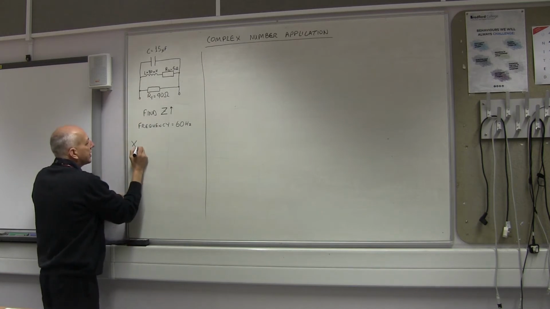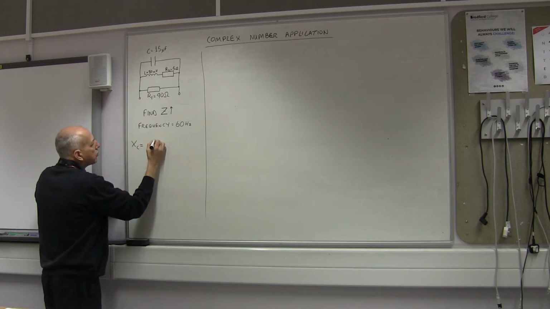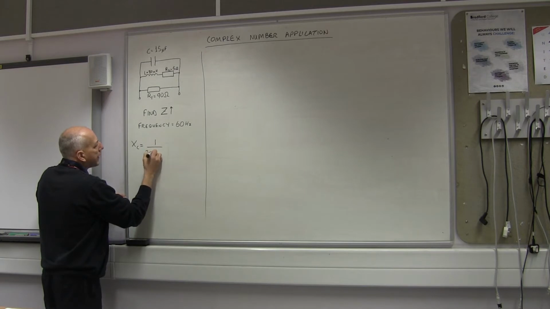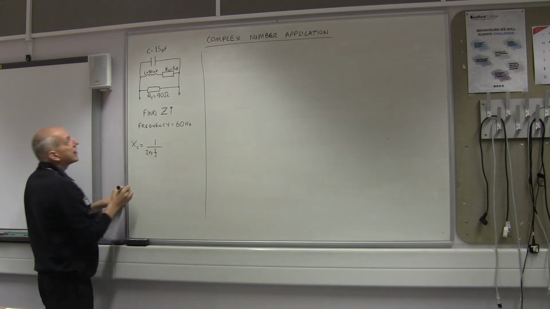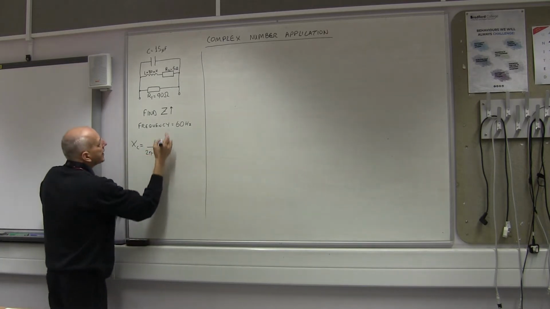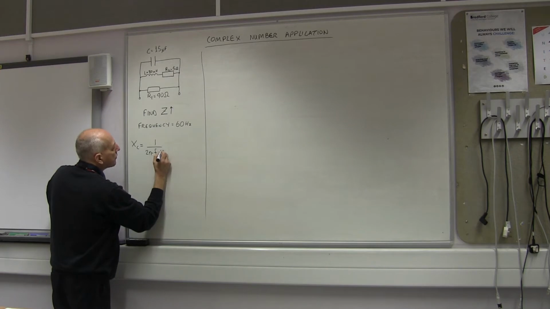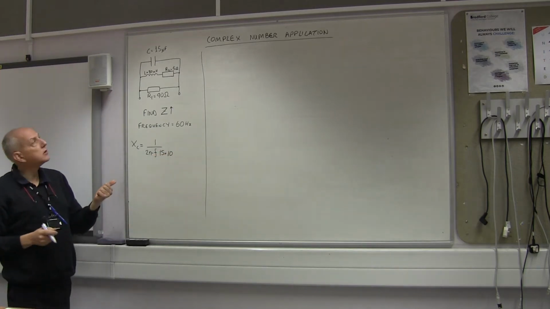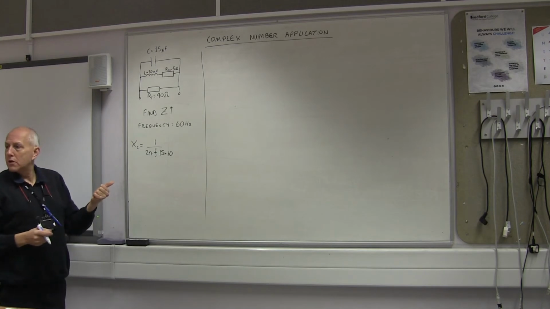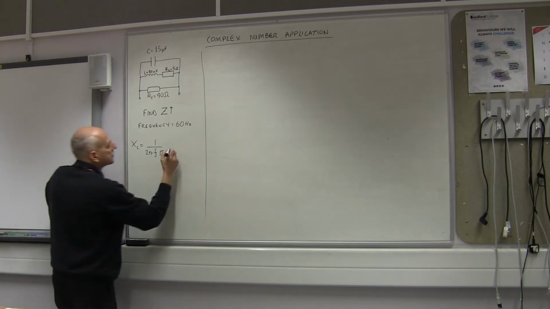So XC is 1 over 2 pi times the frequency, which is 60, times the value of the capacitor, which is 15 microfarad, so 15 times 10 to the minus 6.